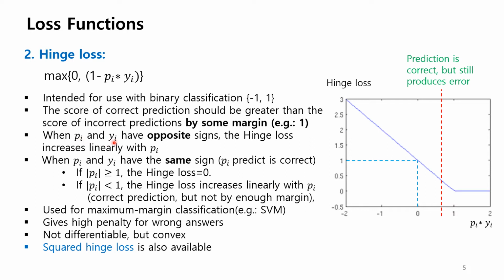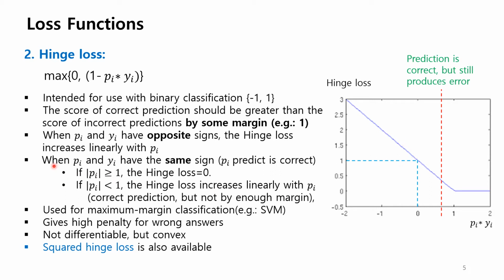If pi and yi have opposite signs, pi times yi becomes negative. You can see clearly the hinge loss increases linearly with the value of pi, since yi is fixed. This case is this one line here.